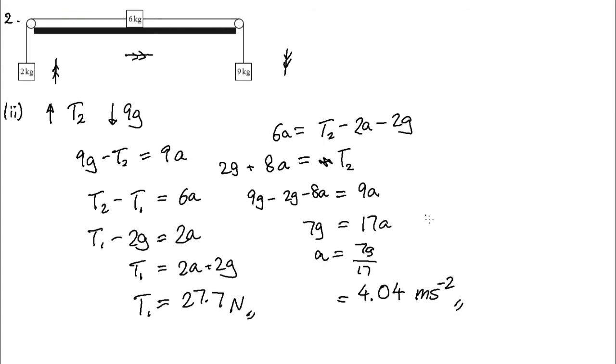For T2, we can use this, 2g plus 8a. T2 is the acceleration times 8 plus 2 times 9.8, which gives me 51.9 newtons. And so we have T1 and T2, and that is question 2 done.